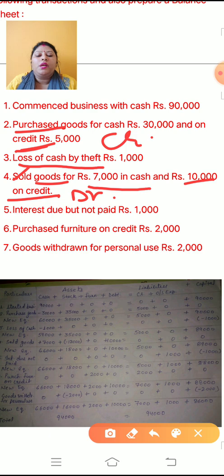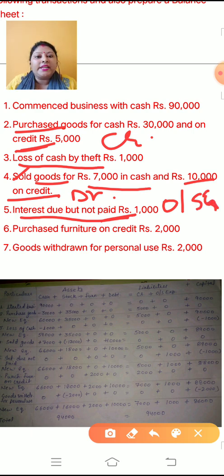Next is interest due but not paid. Interest due means outstanding, not paid. So this is an outstanding expense. Paid means you have to pay, so that is an expense, but interest due not paid is outstanding. So this outstanding expenses column you have to make.